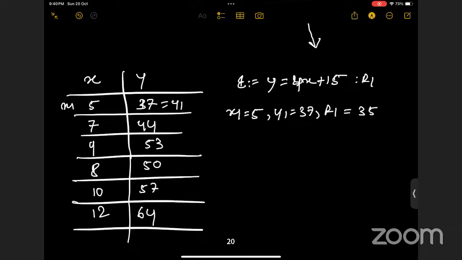R1 is 35, right? Okay, x2 is 7, y2 is 44, and what is r2? 28 plus 15 is 43.